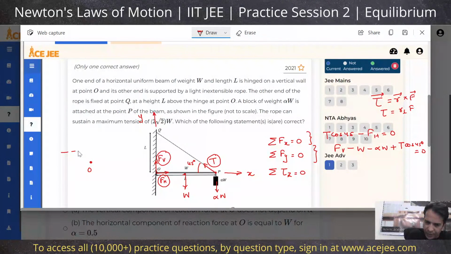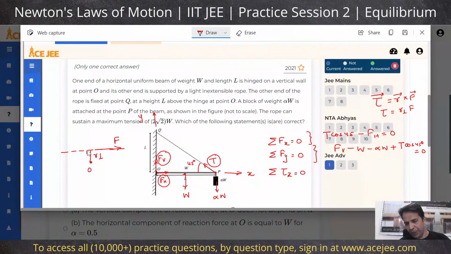This is the line of action of a force. This is the moment arm, R perpendicular. So R perpendicular into F will be torque. And R perpendicular is the shortest distance from the point O to that line of action of force F.